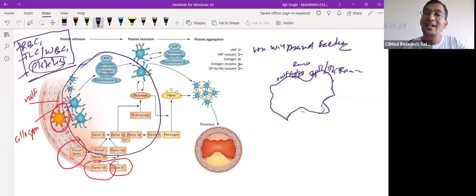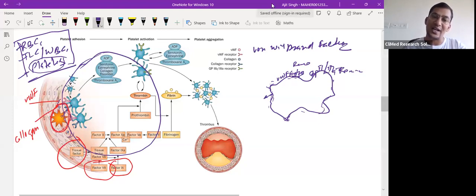Whenever they see these factors, the platelet gets activated, meaning these receptors get activated and attach to the factors that were secreted from the injured site. So the platelets flowing in the blood go to the injury site, get attached to these factors, and start getting aggregated at that site, right?